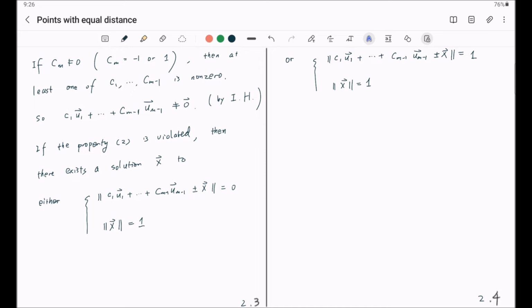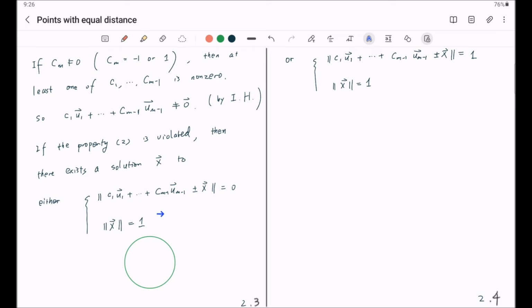However, if you count the number of solutions to this system or to this system, you'll realize that there will be only finitely many choices for x in either case. For example, what are solutions to this system?